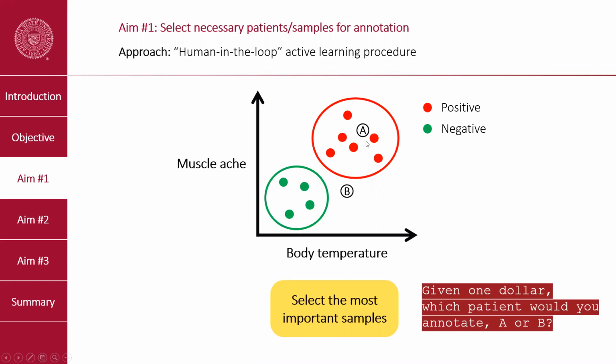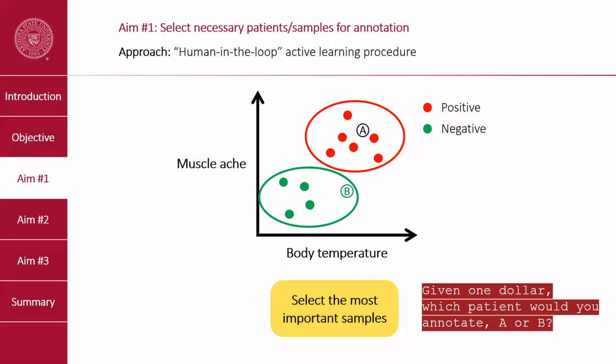If we look at A, it can already be classified into the positive group by the current model. Therefore, we do not expect a major change of the decision boundary when labeling subject A. However, subject B is more ambiguous to the current model. Whether it is positive or negative will dramatically change the decision boundary.